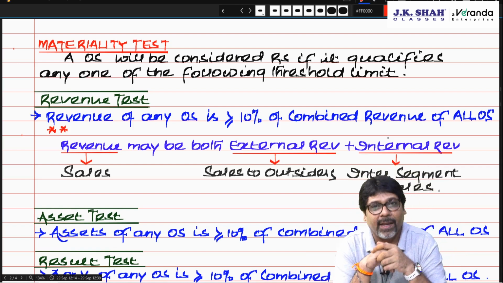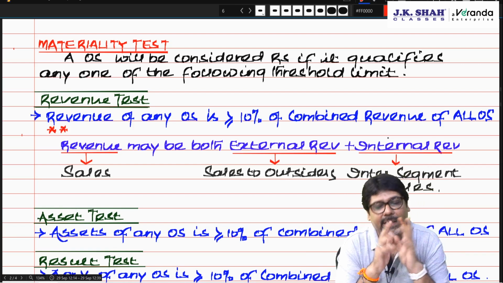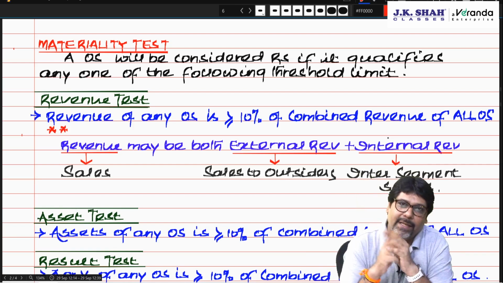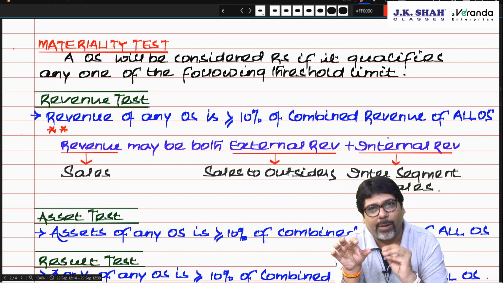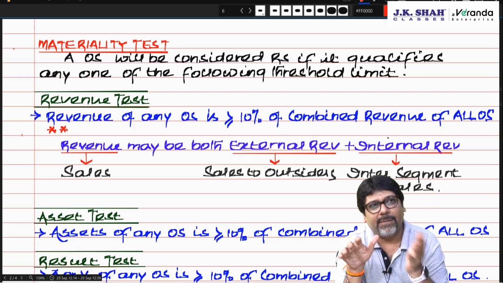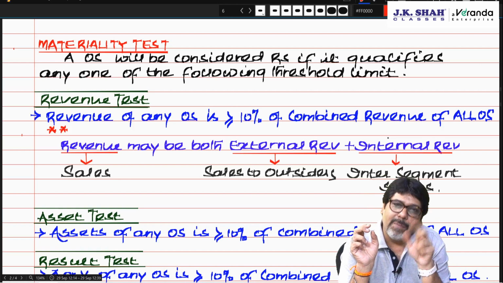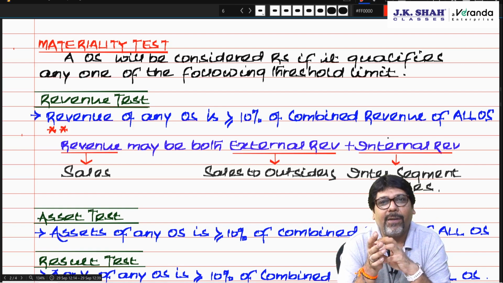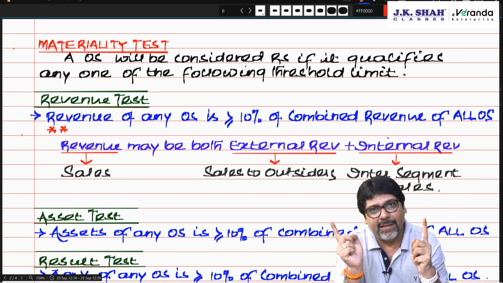Am I clear? For example, there is a laptop division and there is a mobile division. Mobile division, the company requires laptop for office purpose. That was taken from the laptop division. Laptop division's salesman require mobile phone. That was taken from mobile division. That means there is an inter-segment sales. Correct?